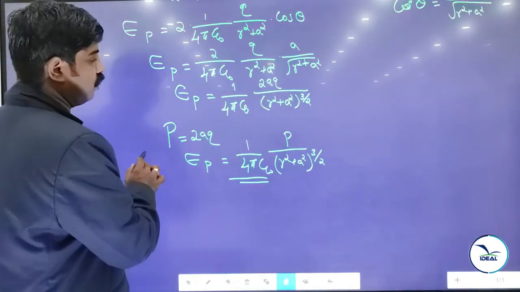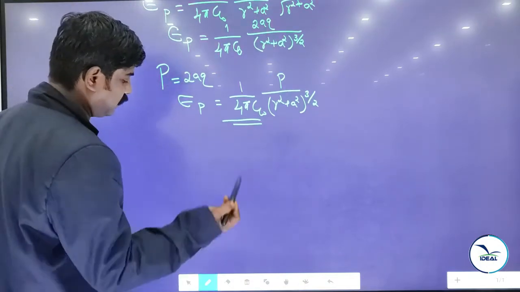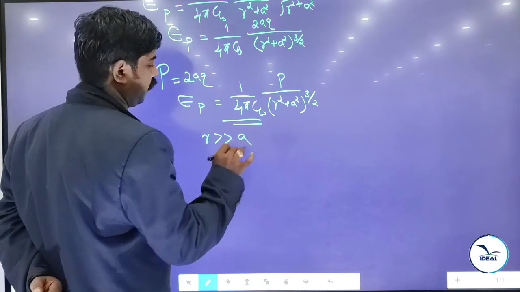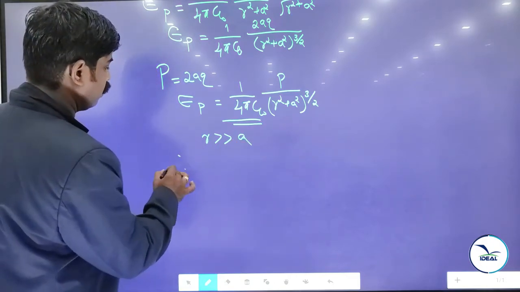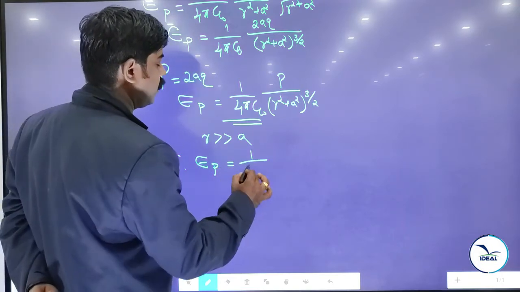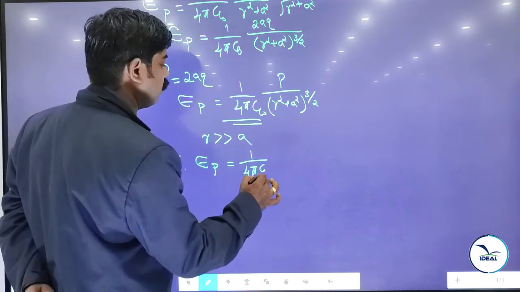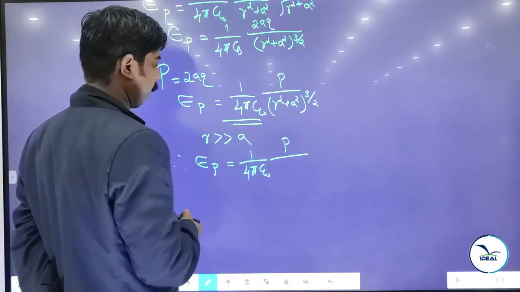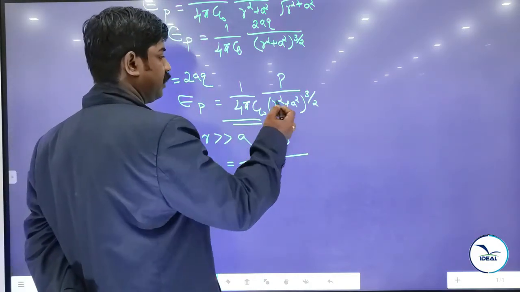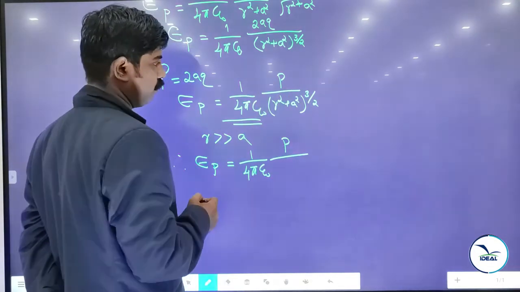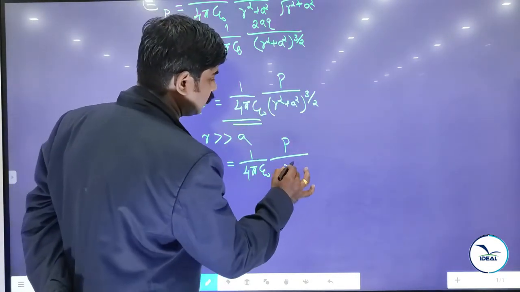Again, we can consider that R is very much greater than A. Therefore, EP is equal to 1 by 4 pi epsilon 0 into P divided by, if we can neglect A, then it is R square raised to 3 by 2. So the 2 becomes cancelled, then it is R cube.